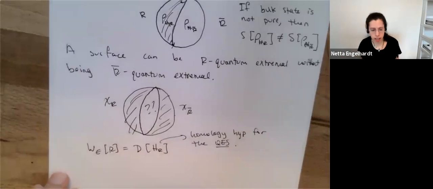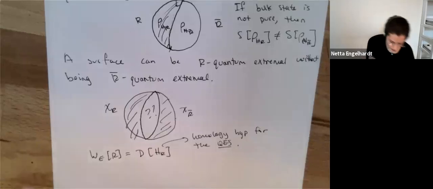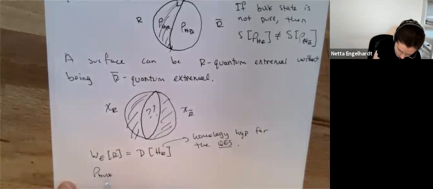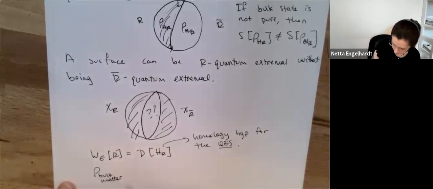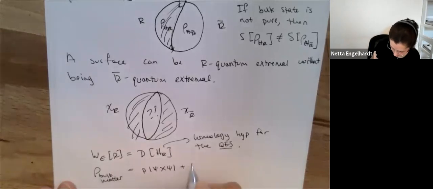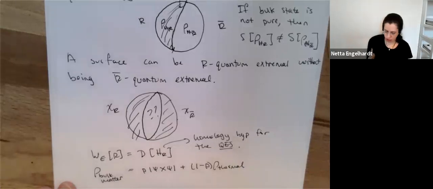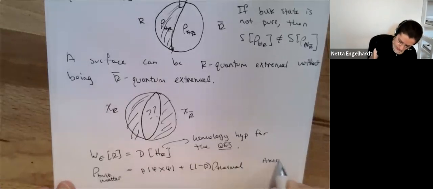But the one caveat I want to draw here before I close is that there has been some recent work studying mixtures in the bulk. So situations where the bulk matter looks something like this. This is by Akers and Pennington.